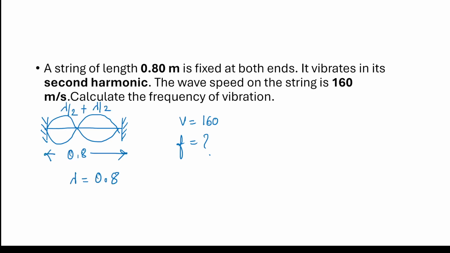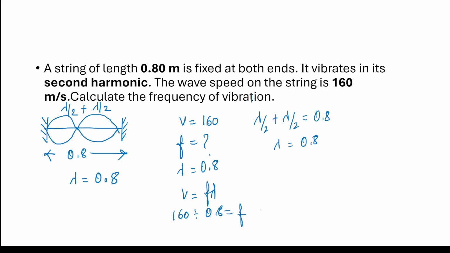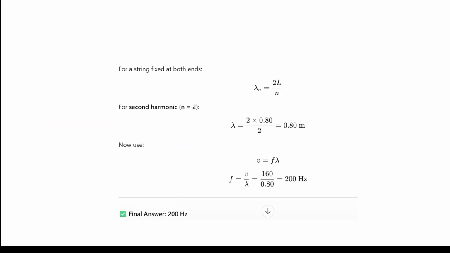Using V equals F lambda, 160 divided by 0.8 would be my frequency. That would be 1600 divided by 8, which is 200. So 200 hertz is the frequency of vibration. Yeah, that's the right answer.